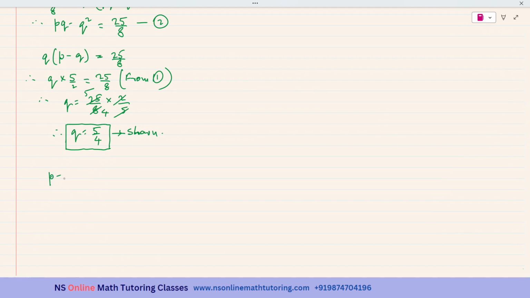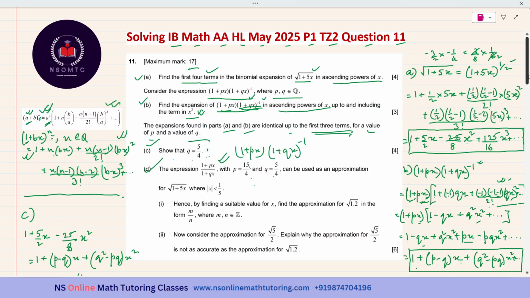So p minus q is equal to 5 over 2, therefore p is equal to 5 over 2 plus q, so plus 5 over 4. So p is equal to 10 over 4 plus 5 over 4, which is equal to 15 over 4. So when q is equal to 5 over 4, the p value is 15 over 4.